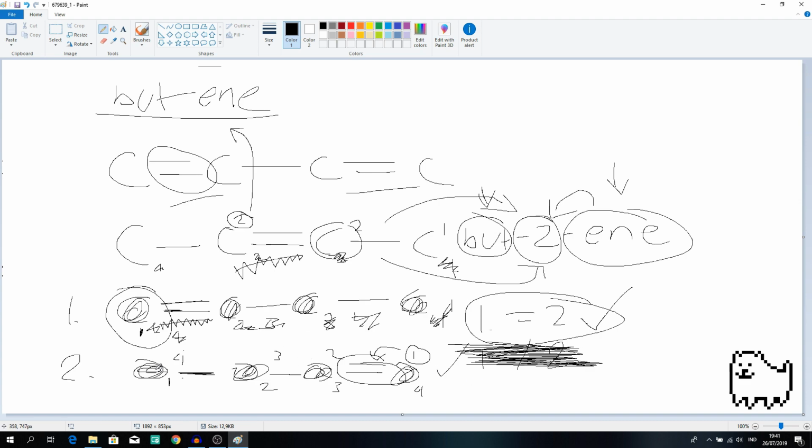So let's start. How many carbons? 4. So it's but. It's a double bond, so it's an ene, and it's at the first carbon, which is 1. So this name and this name is the same. So even though the carbons might seem like they're in a different position, they are actually the same chemical compound. So that's a nice thing to know.